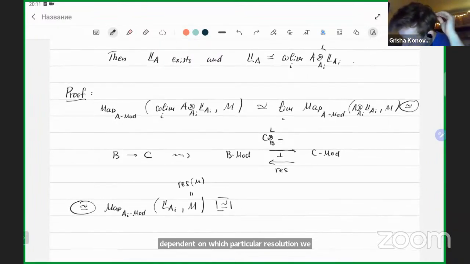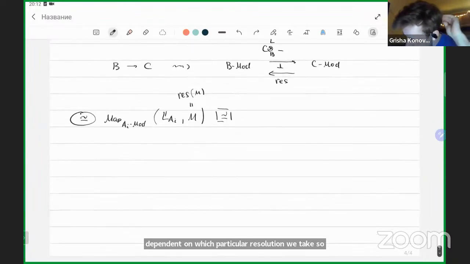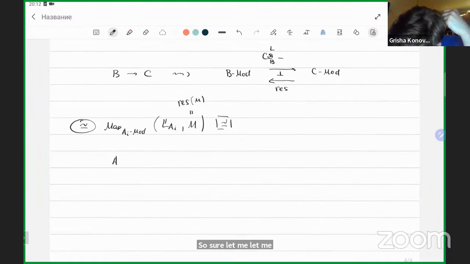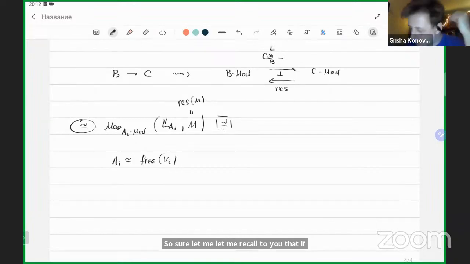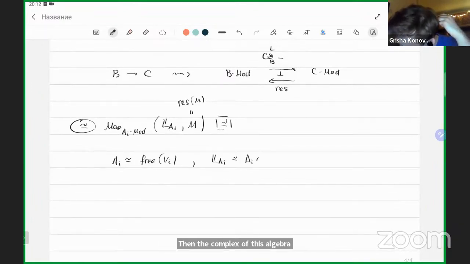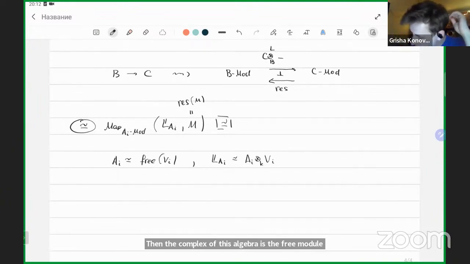So first, let me recall to you that if A sub I was a free algebra generated by VI, then the cotangent complex of this algebra is the free module generated by this VI.